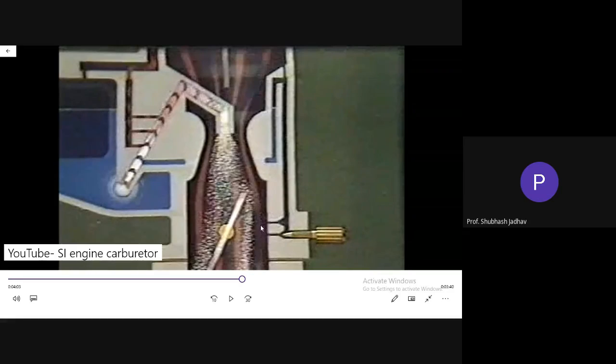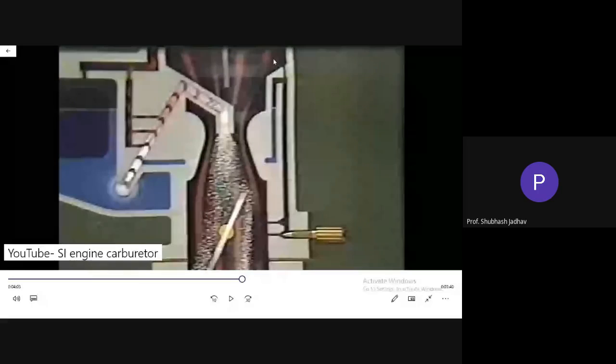Now the air coming from here is flowing through this, that means whatever air is flowing here, that much air is flowing here, so there will not be any pressure differential created, and therefore nothing is going to come out. That means as we slowly go on accelerating, the idling systems stop supplying the fuel, and now the suction is acting here, and sufficient negative pressure is created to suck the fuel.